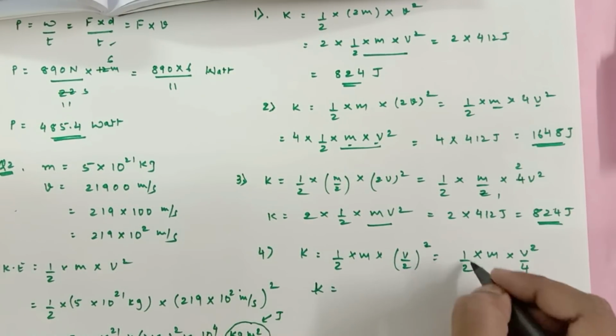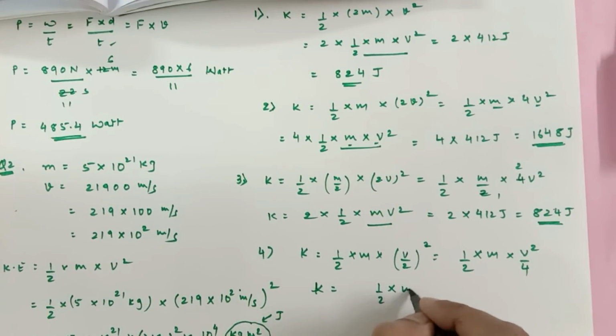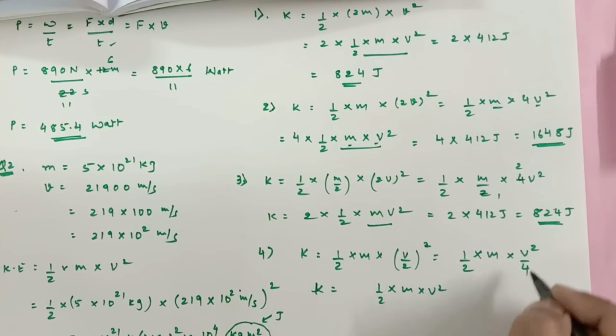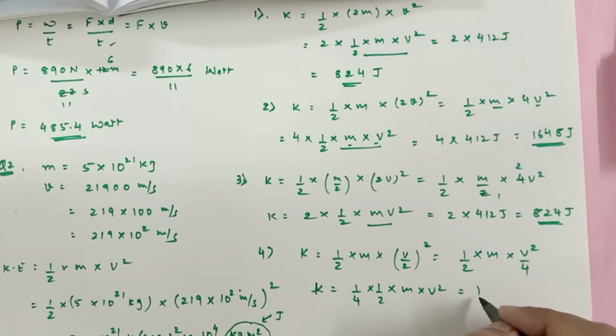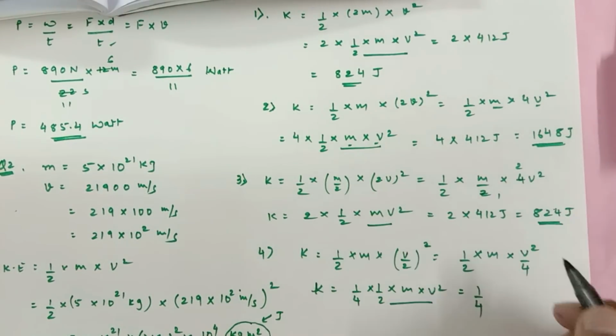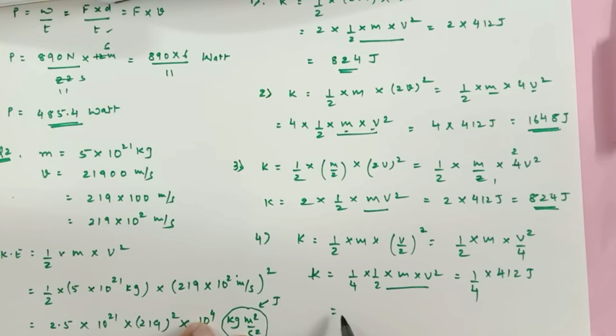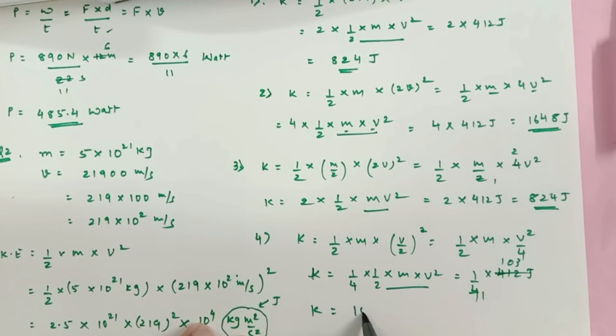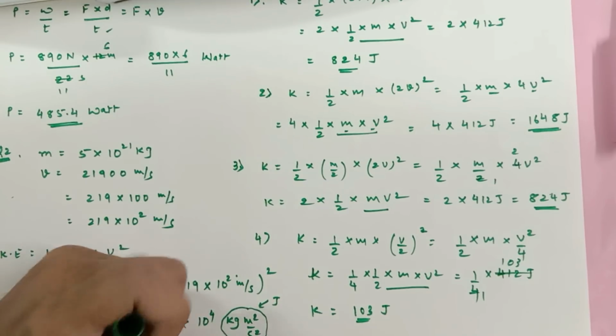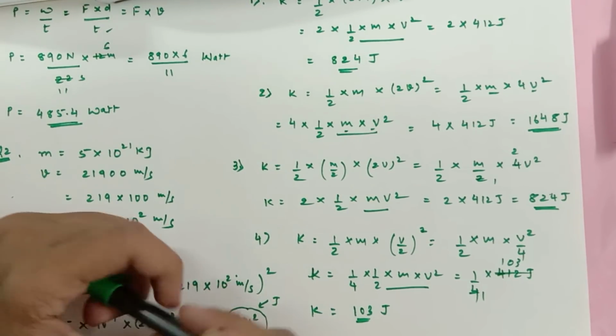So K is equal to 1 by 4 into half mv square, and this half mv square is again 412 joules. So if I solve this, my answer is going to be 103 joule.